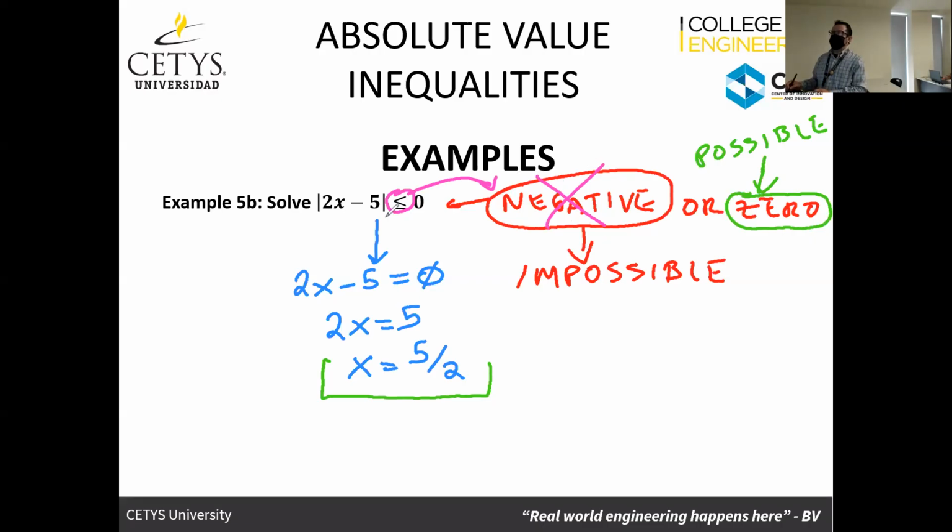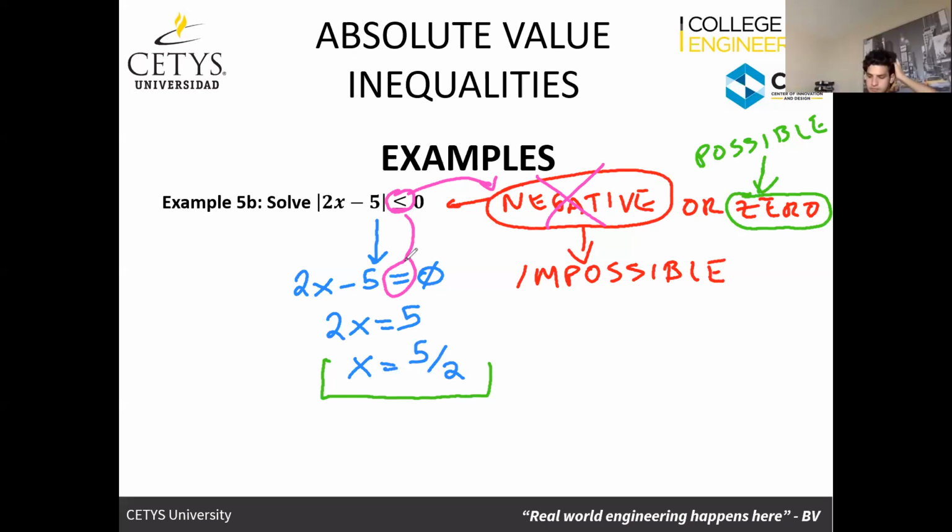And so we're only interested in the values that are equal to 0. That's why we're changing it to this. The less than values or the negative values, those values are impossible. The absolute value is never going to be negative. And so we only need to find the value that makes the expression 0. That's the one that's going to be part of the solution. Okay, is that clear, Alfredo? Yes, teacher. Okay, thank you.